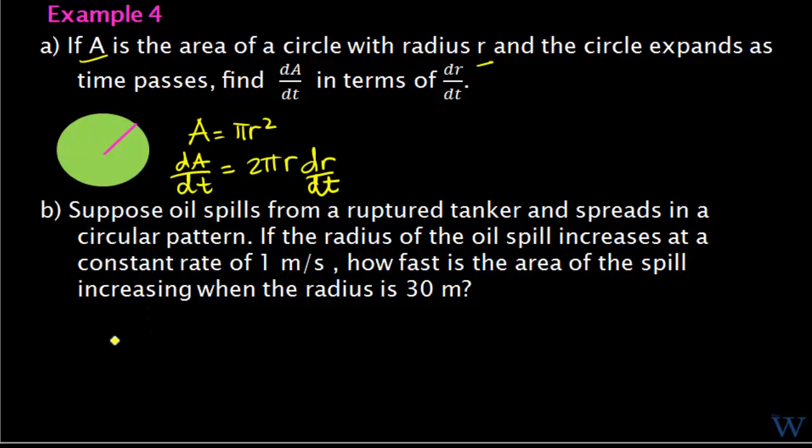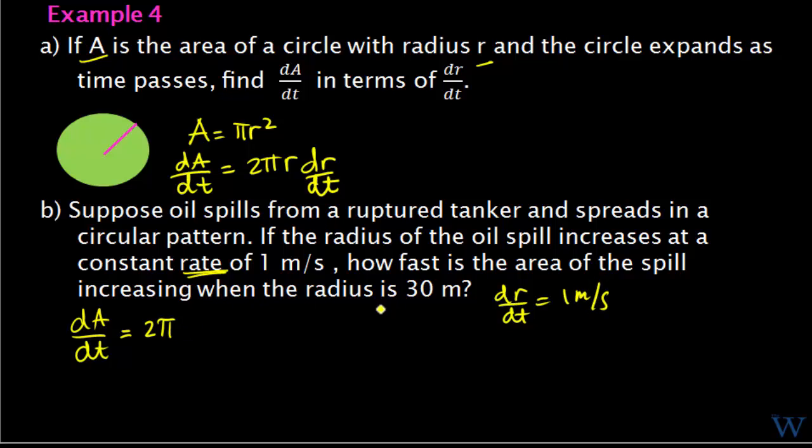So dA by dt, what we're looking for, would be equal to 2 pi times r times dr by dt. It says the radius increases at a constant rate, so that means dr by dt is 1 meter per second.